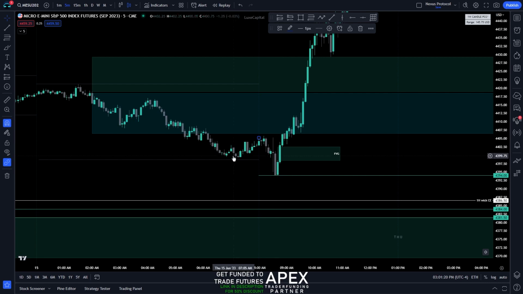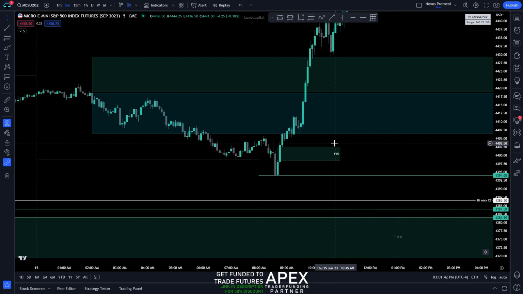we took that session's low before taking the high. So we're looking for longs, some market structure shifts. I don't know if it's this high or this high, it's pretty much the same, covered by both candles. It happens there. It does retrace a bit, but there's no fair value gap in here.